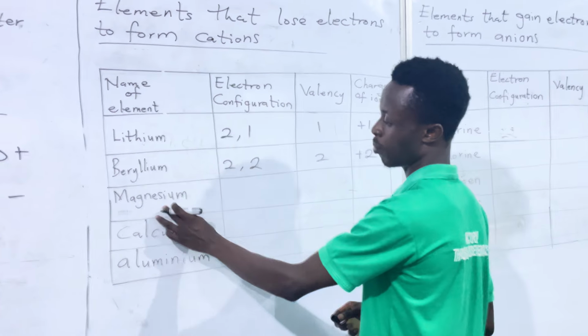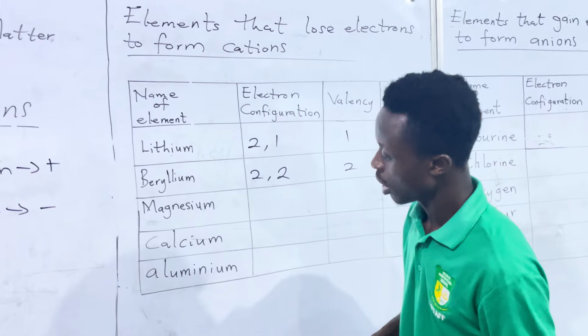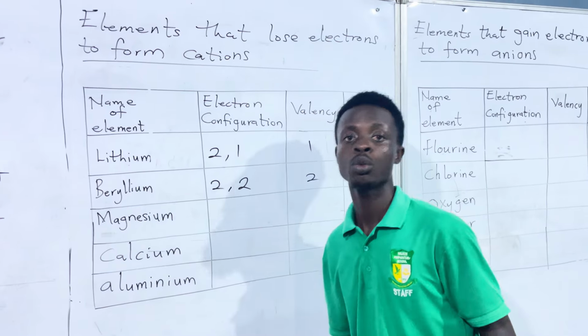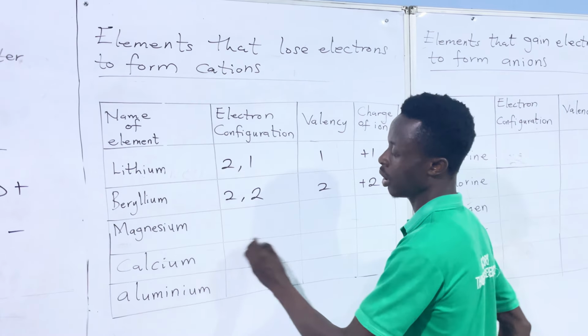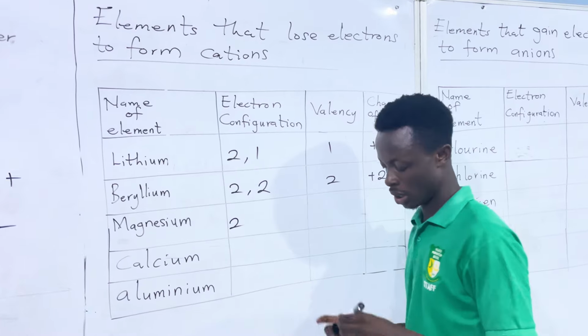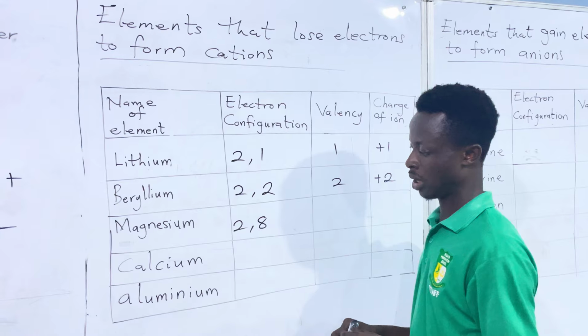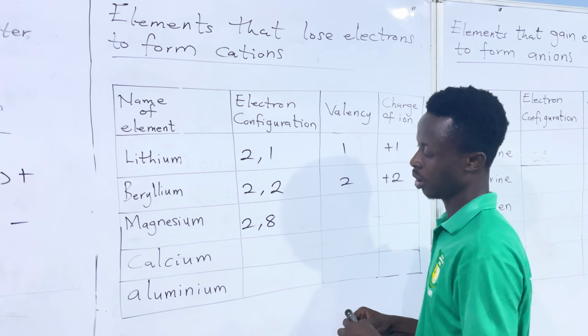The next one, magnesium. Magnesium is atomic number 12. It will take 2 electrons in its first shell, then 8 electrons in the second shell, making 10.